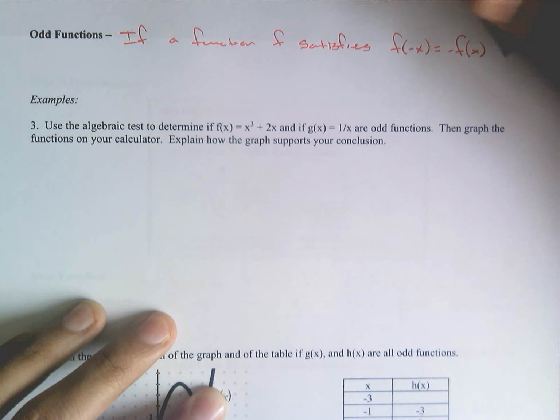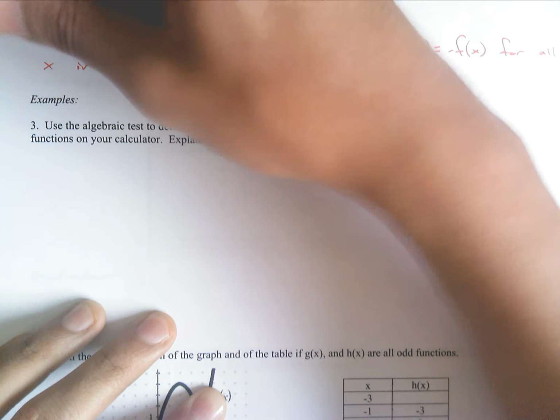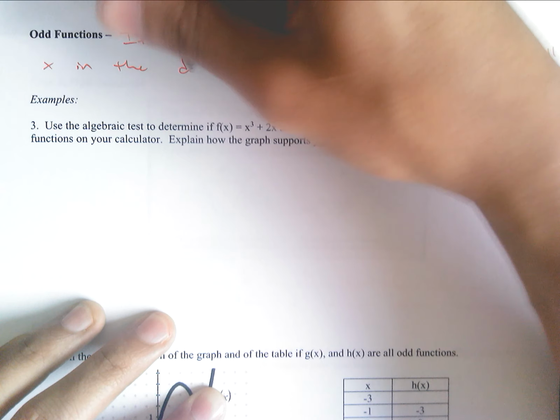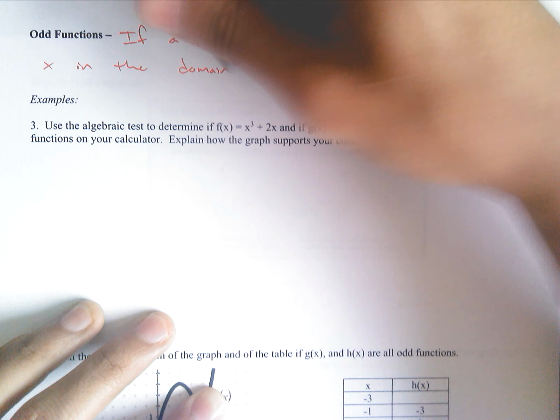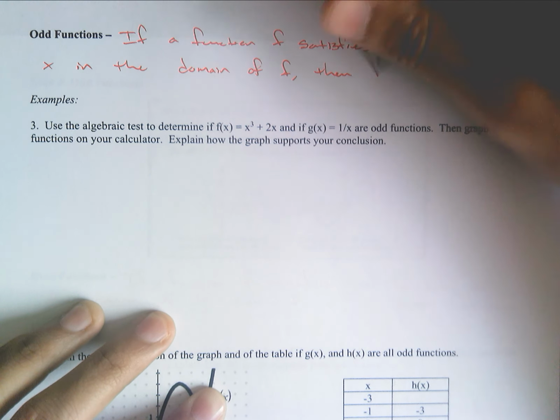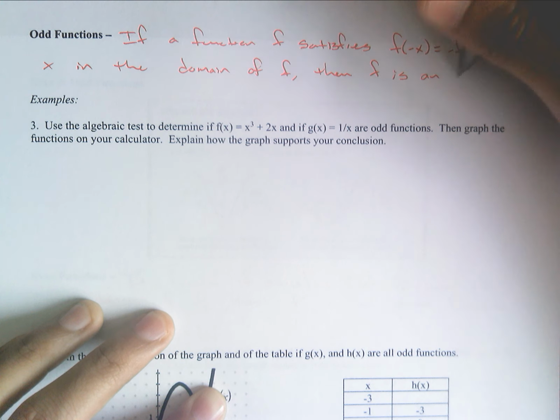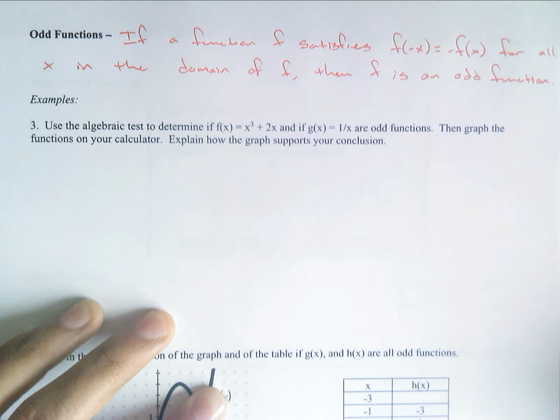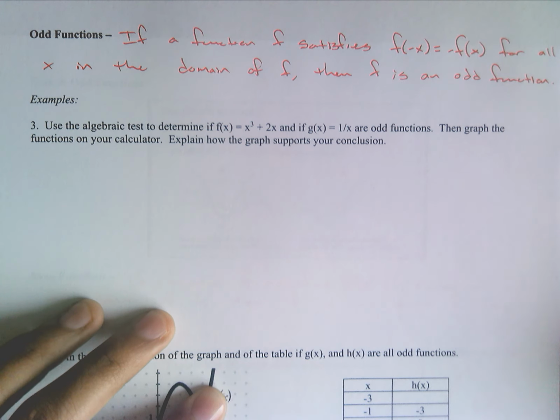For all x in the domain of f, then f is an odd function. So if a function f satisfies f of negative x equals negative f of x for all x in the domain of f, then f is an odd function.